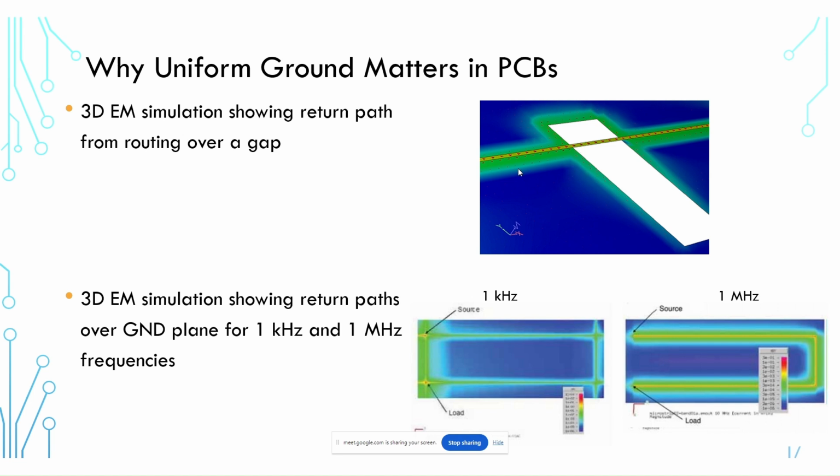Now, the extent to which the current is confined beneath this trace in the ground plane really depends on the frequency of the signal. With digital, of course, we're dealing with fast edge rates, and so the bandwidth of that signal extends technically out to infinity. And so there may be some portion of the return current which is not tightly confined in this region below the trace, but most of that return current will be.